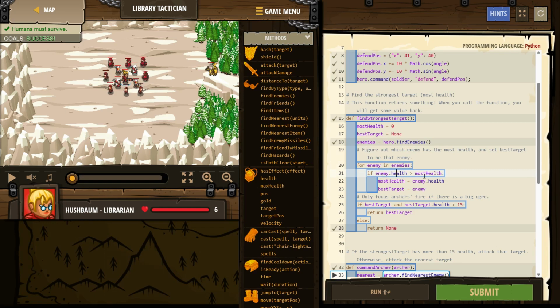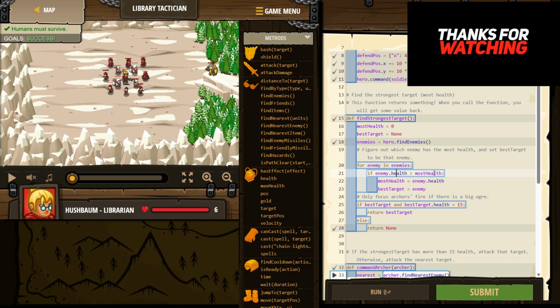But listen to this. For example, we have three enemies. One has 20 health, one has 50, and one has 70. So what happens is that we start with 0. Then we go to 20. 20 is greater than 0, so we assign it to the best target and most health.